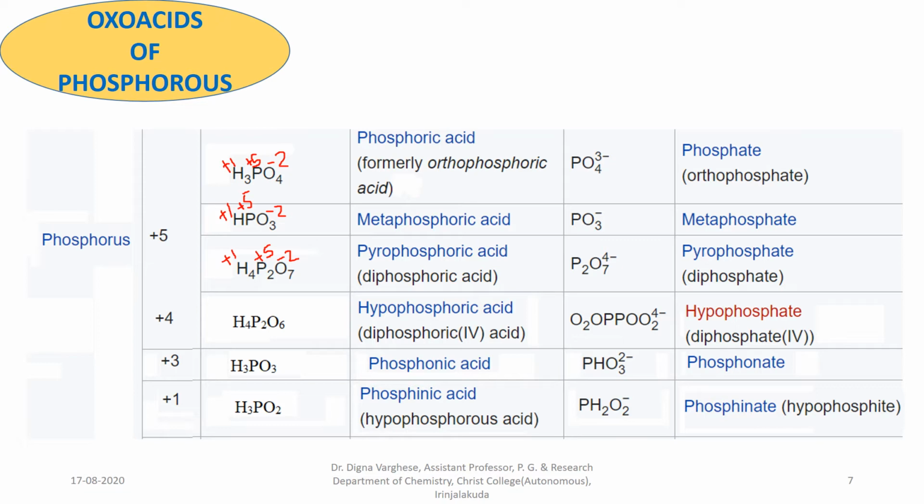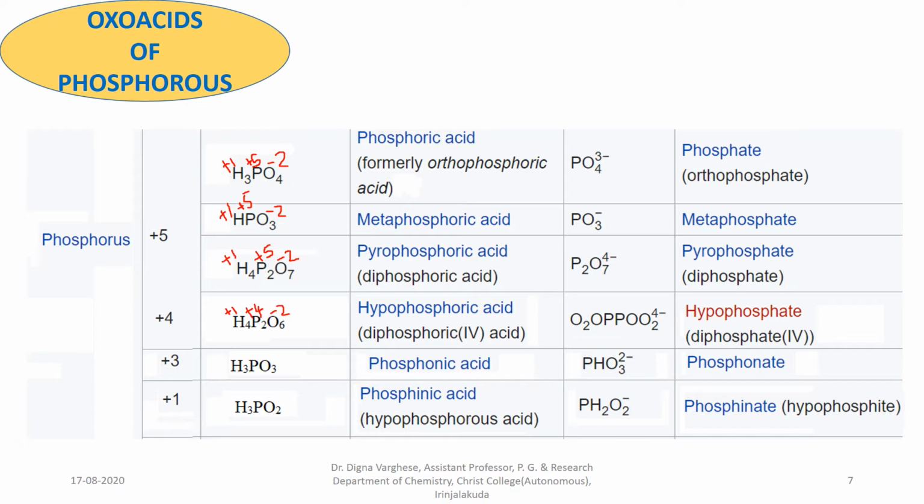In hypophosphoric acid, oxygen is -2 and hydrogen is +1, so -12 +4 is -8, so +4 is the oxidation state of phosphorus. This acid is also known as diphosphoric(IV) acid. Pyrophosphoric acid is known as diphosphoric(V) acid.